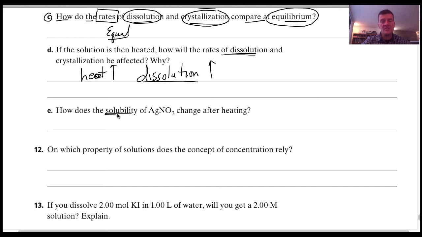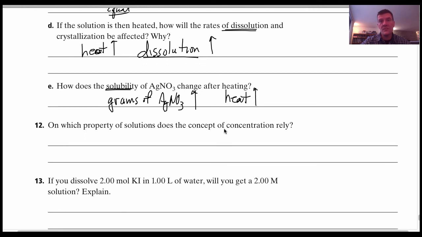And you'll be able to dissolve more. The solubility, the amount of grams of silver nitrate, will go up if you increase the heat. You'll be able to dissolve more in the water.